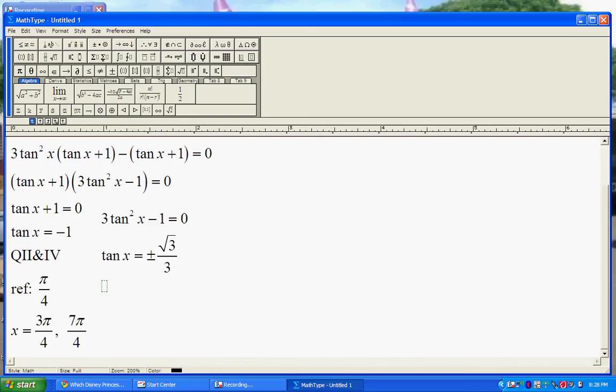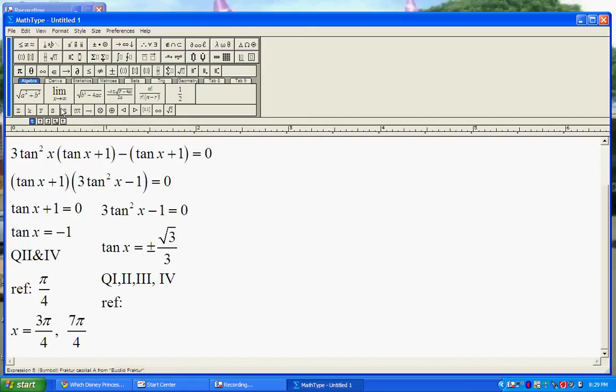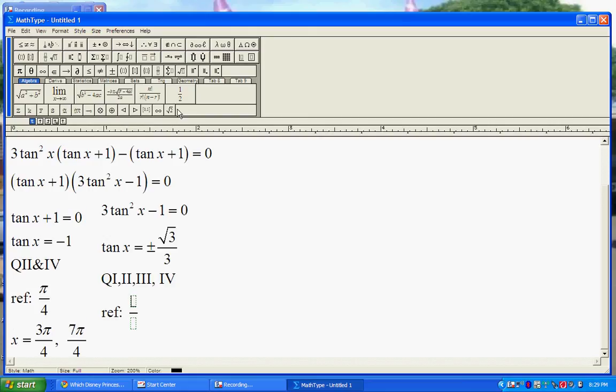Now, since we have plus or minus square root of 3 over 3, we're going to consider all four quadrants: quadrants 1, 2, 3, and 4. And we're going to have a reference angle of pi over 6.